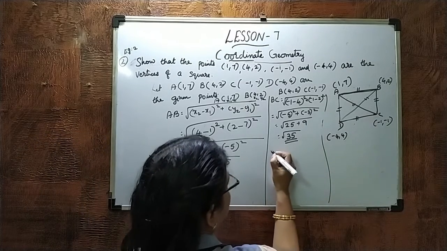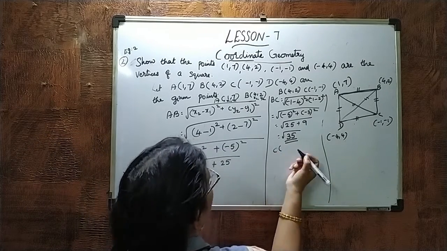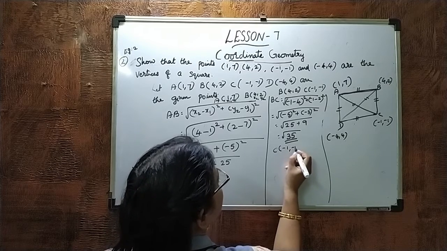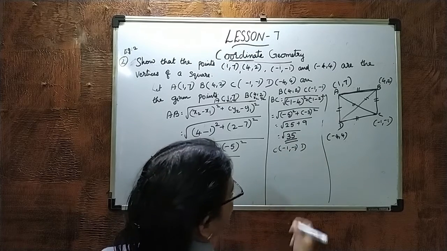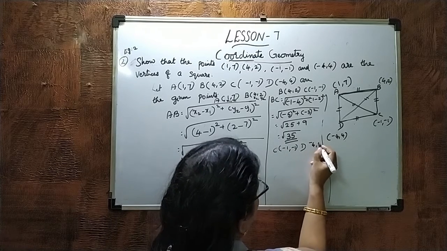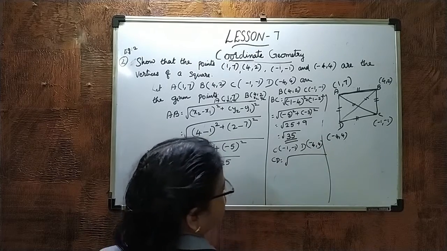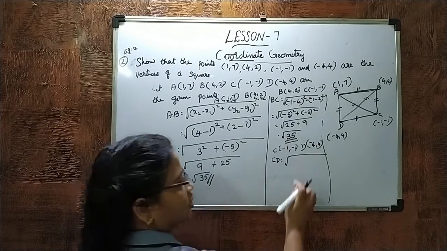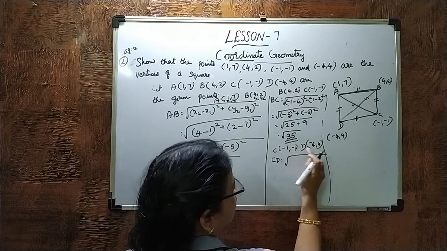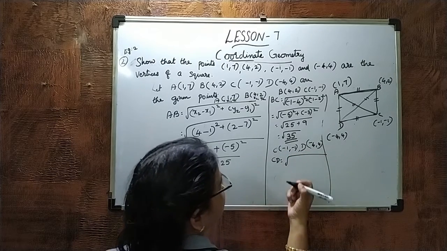What is the next one? After BC, CD. So CD means C is (-1, -1), D is (-4, 4). Now CD equals, C is x1, y1, D is x2, y2.